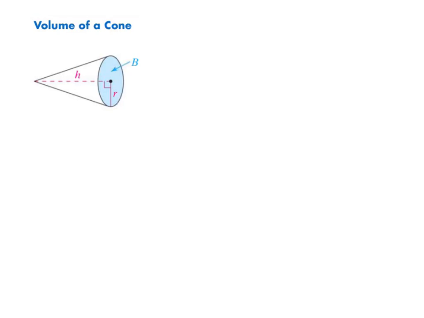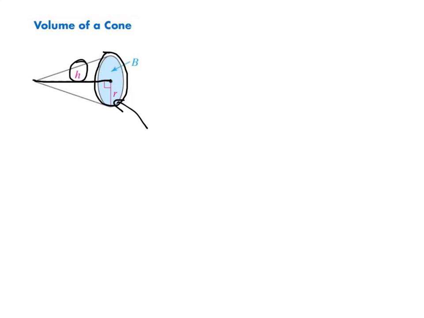Let us find out what is the volume of a cone. In a cone, we know the shape of the base is a circle, and the height of the cone is a perpendicular line drawn from the vertex of the cone to the center of the circle. This is the height of the cone, and this is called the radius of the cone.